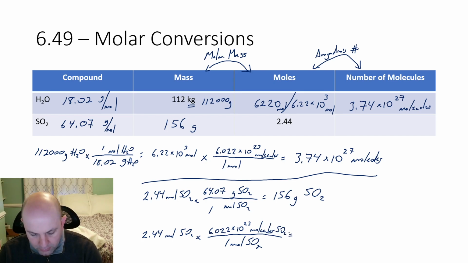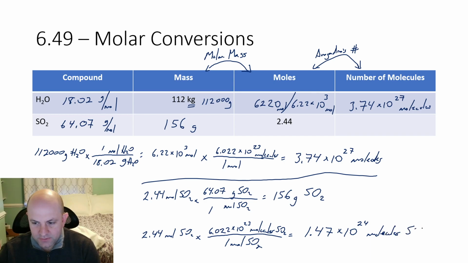And so 2.44 times 6.022, and then it's times 10 to the 23rd, so that would be 1.47 times 10 to the 24th molecules of SO2, and that makes sense. 1.47 times 10 to the 24th.